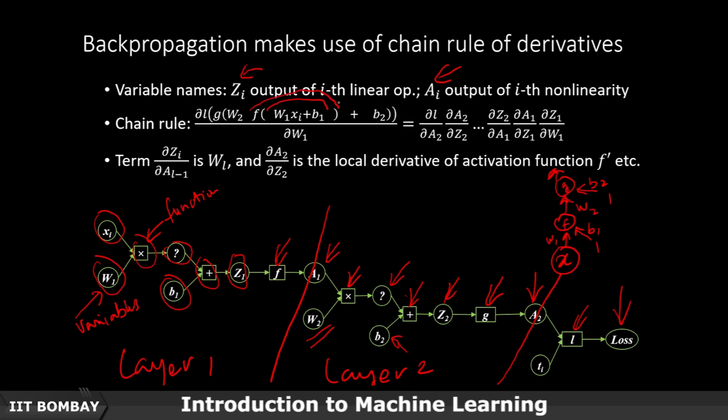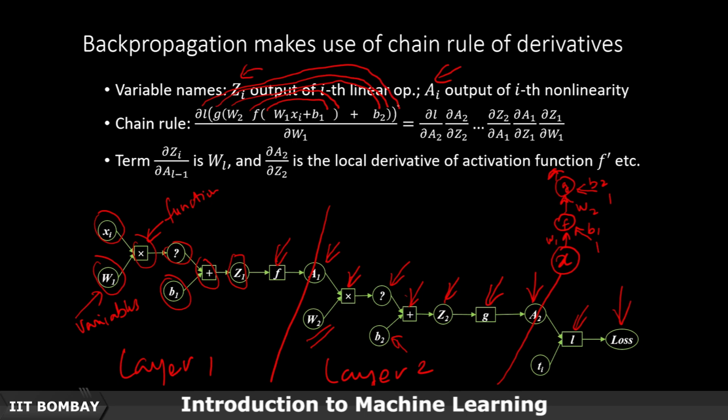So this bigger bracket is A1, and then A1 is multiplied with W2, and we add B2. So this is going to be Z2, and then it is given as an input to G, and what we get out of that is A2. This is the layered structure of the neural network, and then we put that inside the loss L. That is the final bracket, the final layer, so we are treating loss also as a layer.